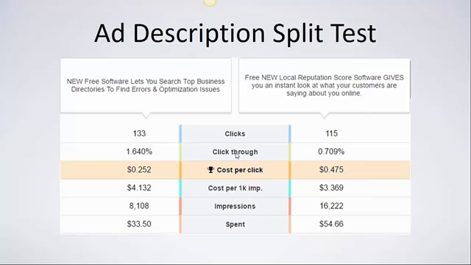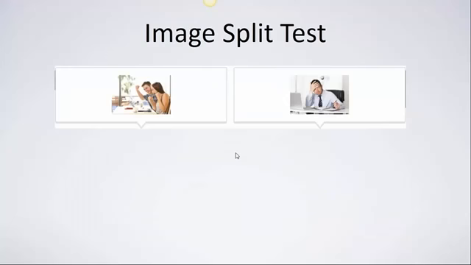Are they scoring me personally? Is it a dating site? You see that? It's not defining as much as new free software lets you search top business directories to find errors in optimization issues. You see it now? Can everybody see it? Okay, good.